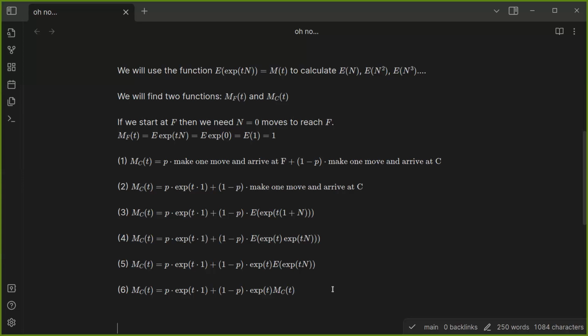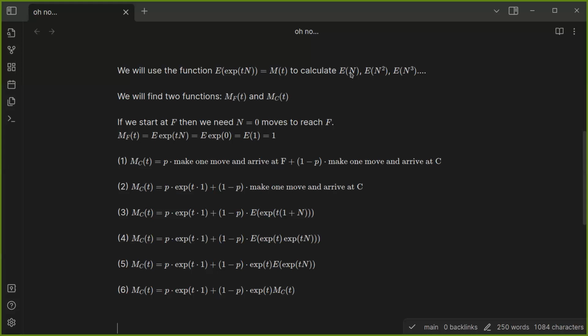Our initial goal is to calculate a lot of expected values: expected value of n, of n squared, of n cubed. Instead of these particular expected values, we are trying to calculate one function, a technical object that will help us to calculate all these expected values. So for the moment, t is just a parameter that will help us to find all the expected values.